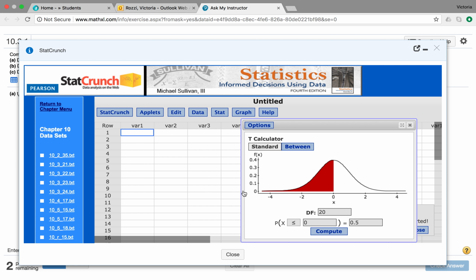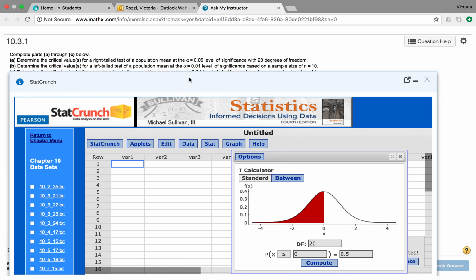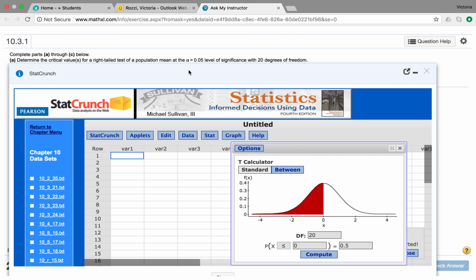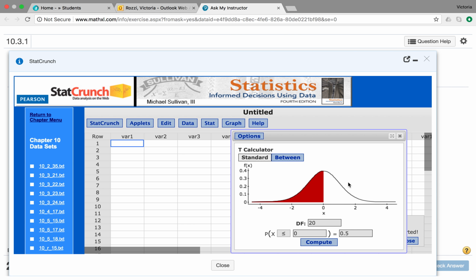So remember that the whole area under the curve, even though it's a t distribution, is still 1. Alpha equals 0.05 means the area in the right tail is going to be 0.05, but I need the area to the left to be able to use my calculator. I also need the area to the left if I'm going to use my table, because it does the same thing.